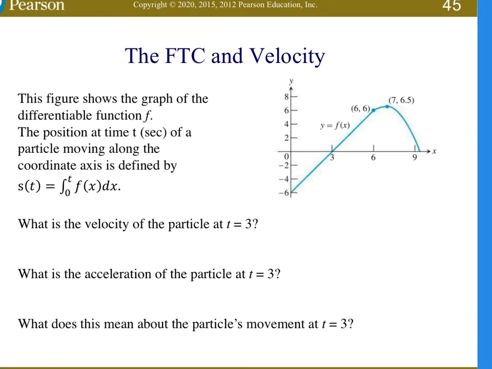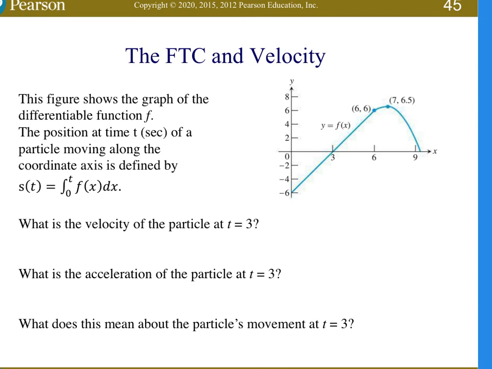All right, last one. What is the velocity of the particle at time 3? Well, the velocity is simply the y value at time 3, and the y value is 0. Units per time, whatever our units are. What is the acceleration of the particle at time 3?